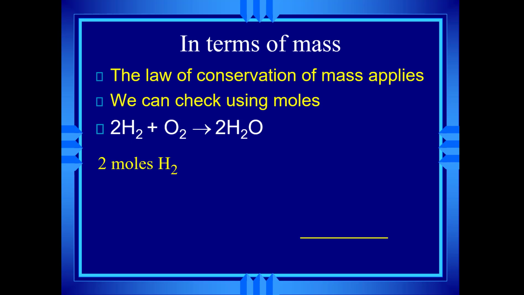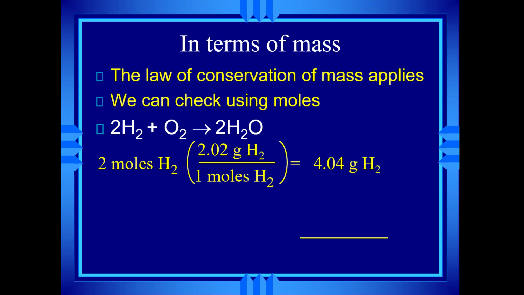And I want to turn that into mass. So I need to get rid of moles of H2 and turn it into grams of H2. Hydrogen is 1.01 on the periodic table, so 2 hydrogens would be 2.02. So my hydrogen is going to weigh 4.04 grams.